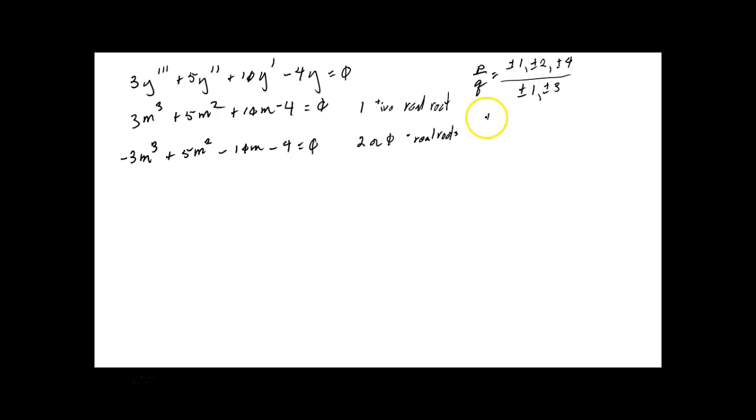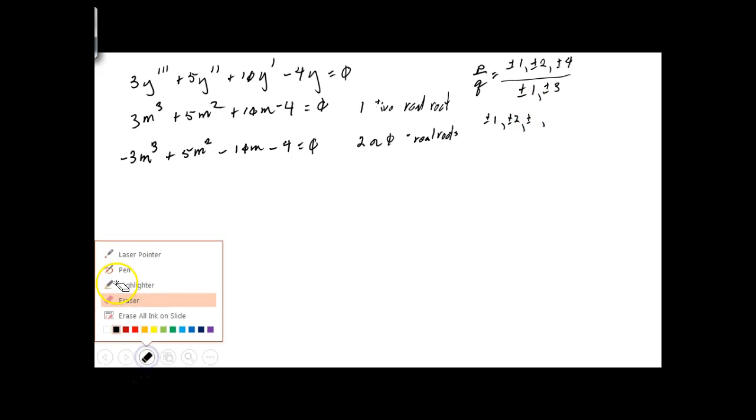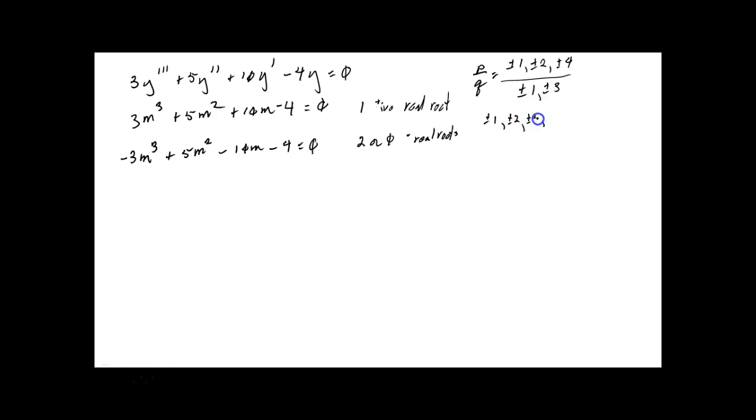So I like to list what they all are. Okay? So it's going to be plus or minus, when you put them over 1, you just get the numerators. Plus or minus 1, plus or minus 2, and no, there is no plus or minus 3. Plus or minus 4. Okay? And then put them over the second denominator. It's plus or minus 1/3, plus or minus 2/3, and plus or minus 4/3.